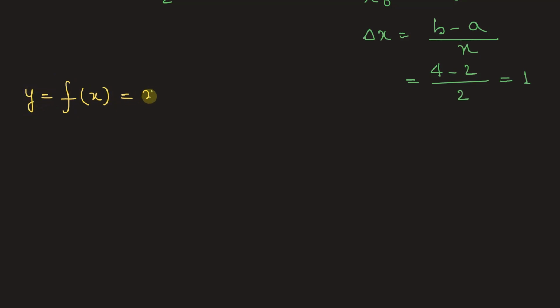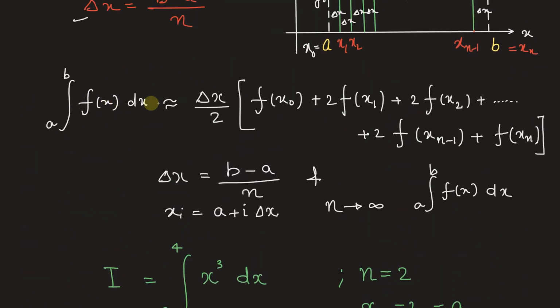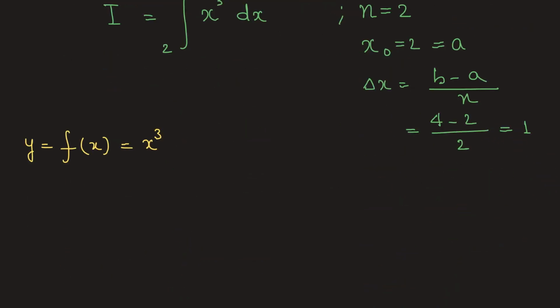to x cube. Now according to the trapezoidal rule, to evaluate this integral, we need to find f of x naught, f of x1, x2 and so on, these values here. So let's try to do that. To do that, we will make a table with x and y.